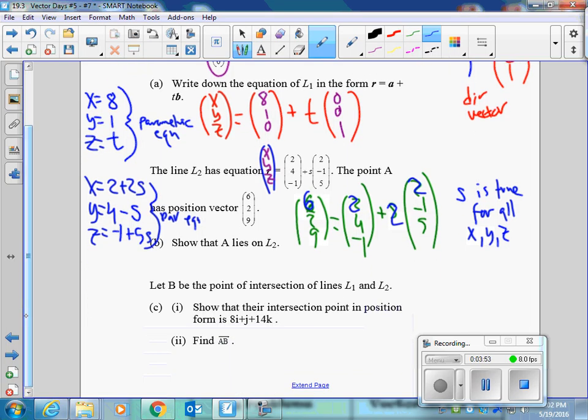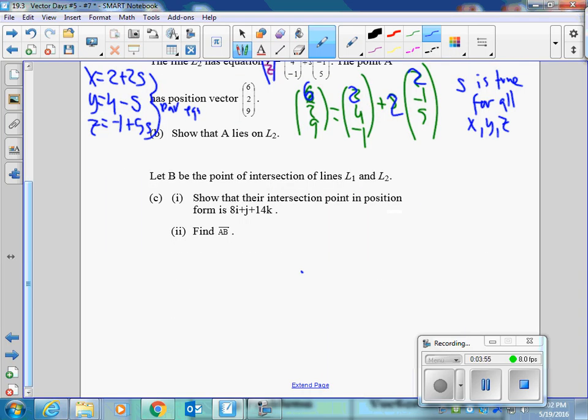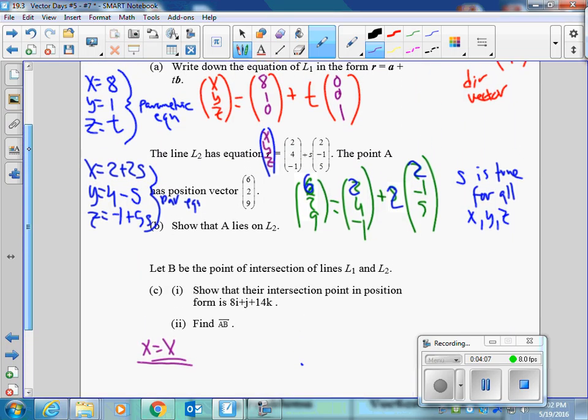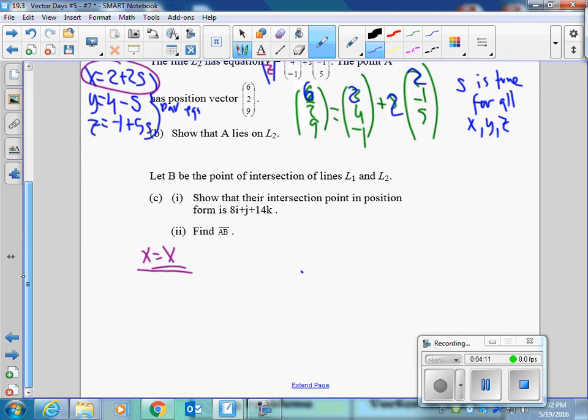Point of intersection. Oh, your favorite thing. How many of you don't know how to do intersections yet? Oh, good. All you have to do is set the x's equal to each other. So set x equal to x. So up here we have x equal to 8, and we have x equal to 2 plus 2s. So 8 should be equal to 2 plus 2s. And so 8 minus 2 is 6. What would s have to be? 3.